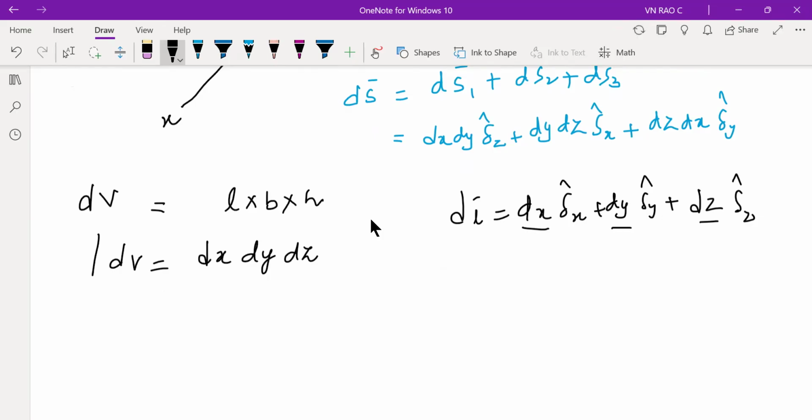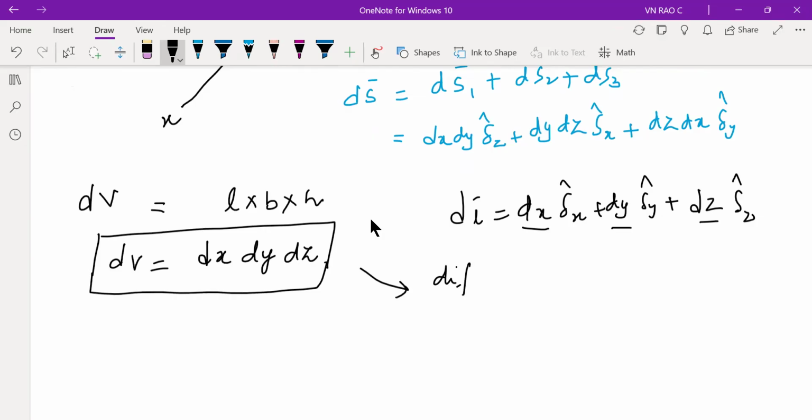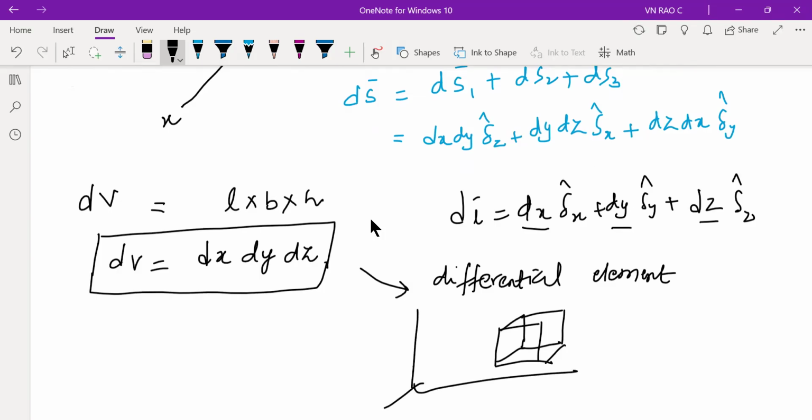This is the total differential volume. Why are we calling it differential volume? Because we have taken a differential element, a small portion like this, which has lengths dx, dy, dz.